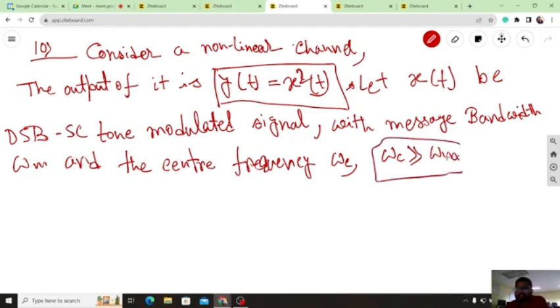That is the only condition. That is not such a vital condition, we all know that.